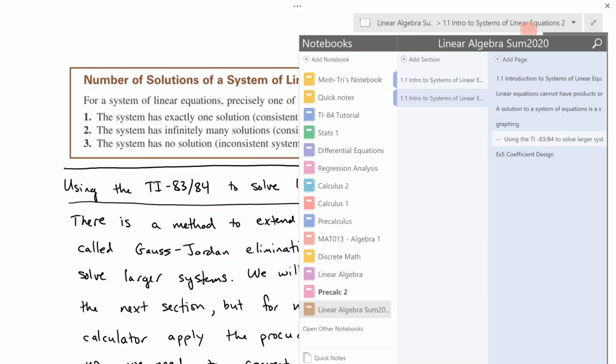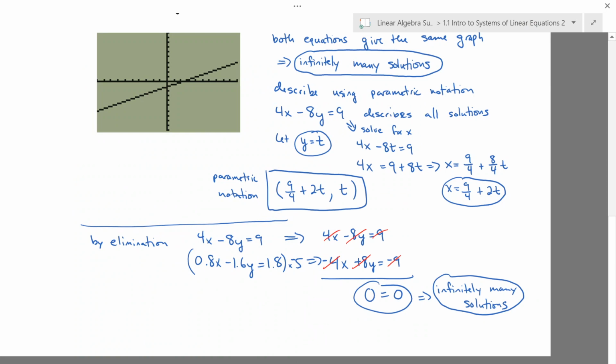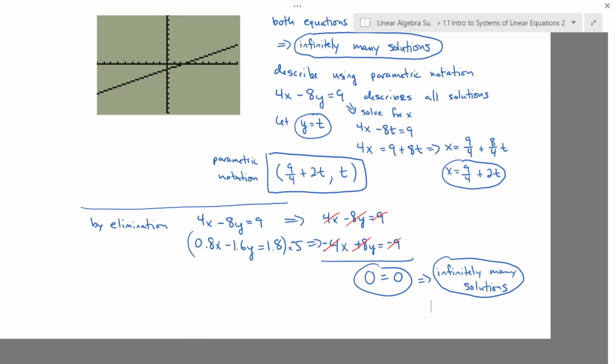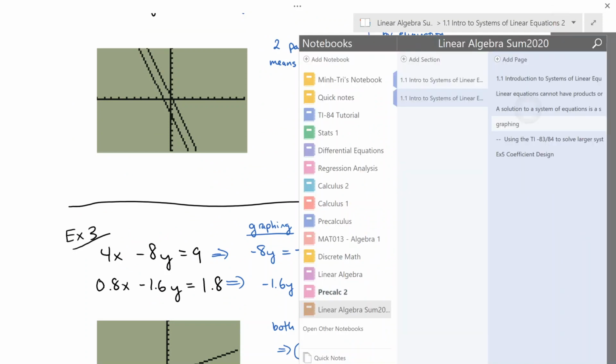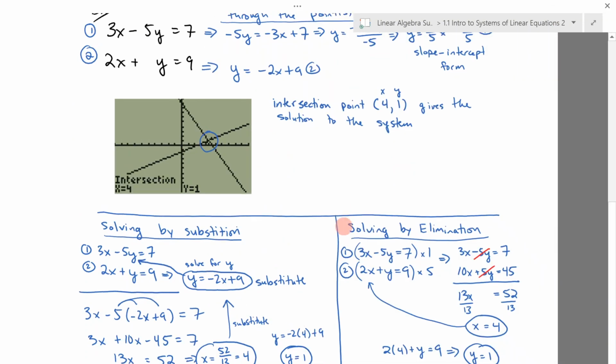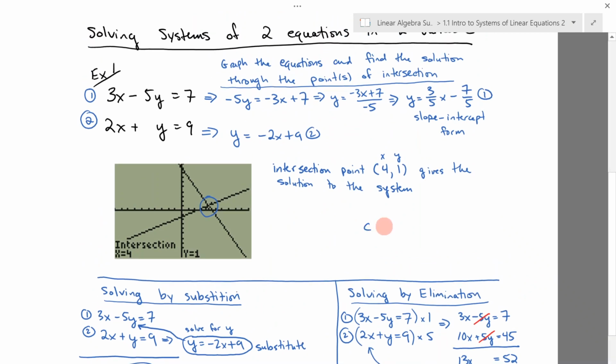So going back, this had at least one solution, so this was consistent. This had no solutions, so this was inconsistent. And the first example here had one solution, so this was consistent.